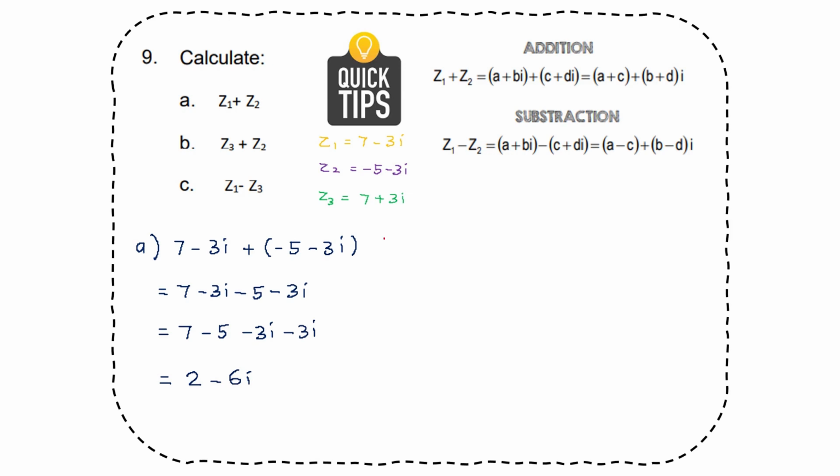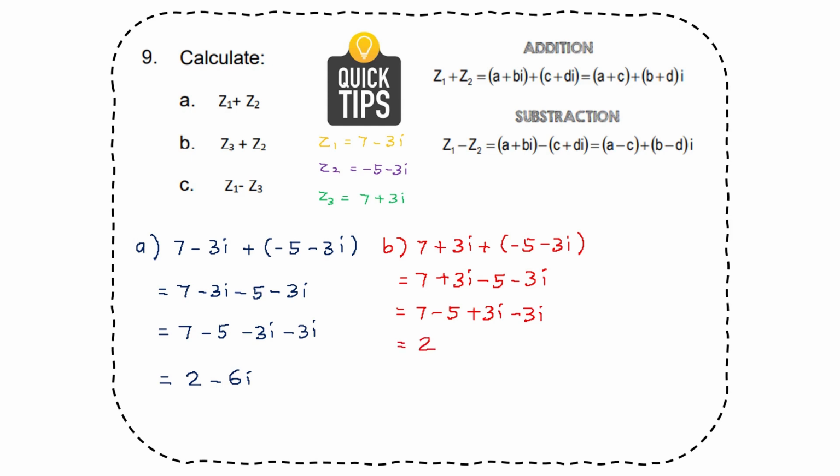For question B, it will be Z3. So Z3 is 7 plus 3i plus your Z2 is negative 5 minus 3i, and it will be 7 plus 3i minus 5 minus 3i equal 7 minus 5 plus 3i minus 3i, and the answer is 2.